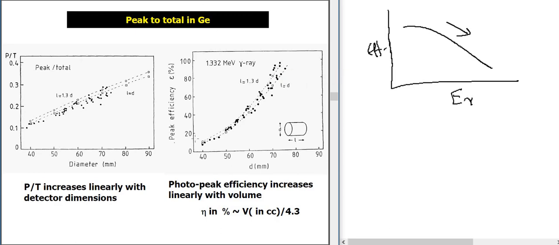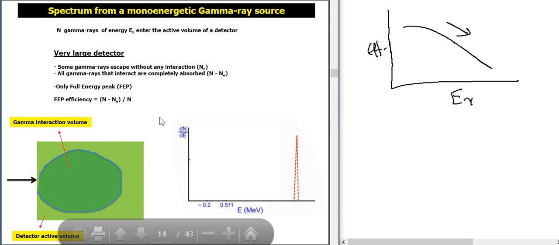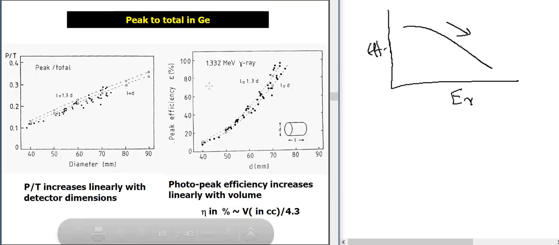And why does the efficiency increase? Well, of course, the answer is over here. If the detector is very large, what happens? If I increase the D, I am basically increasing the detector size. So all the interaction will be contained inside the volume, right? And this is what is happening because I have fixed the energy.